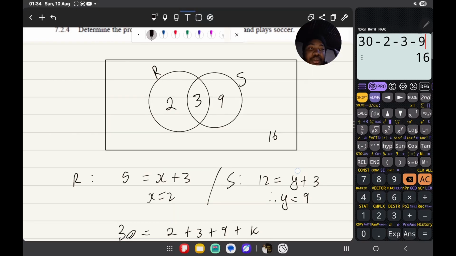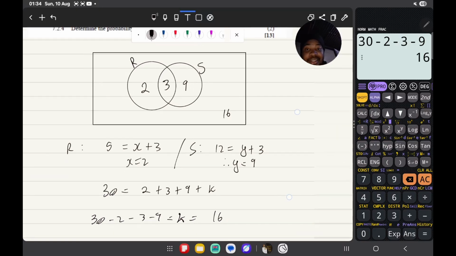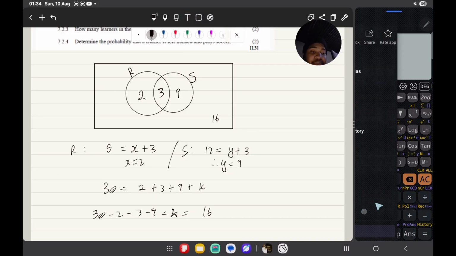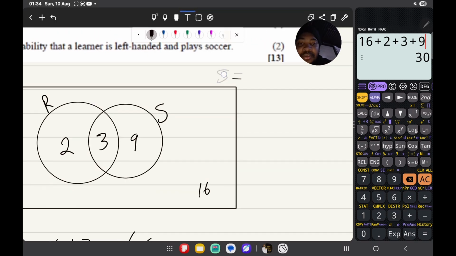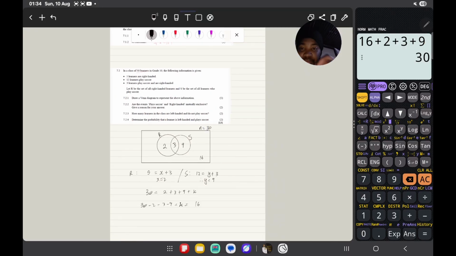When you add all the numbers, 16 plus 2 plus 3 plus 9 has to give you 30, so don't forget. Since we have S here, let me just say N equals 30.